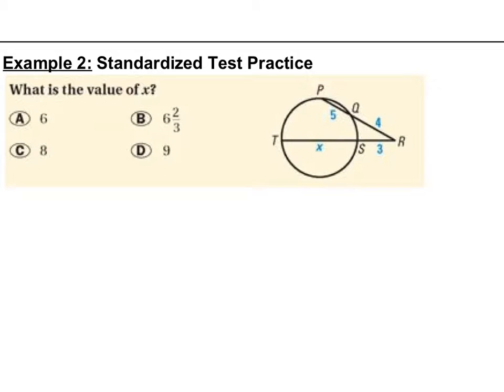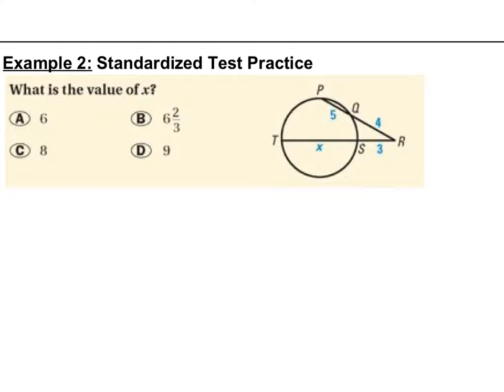So what is the value of x? Again, just to reiterate, we have two secants, right? This is known as the external part for both of them. The entire thing is known as the secant.